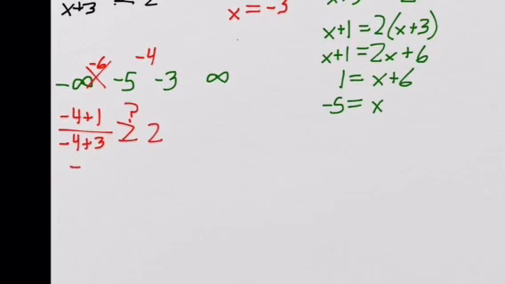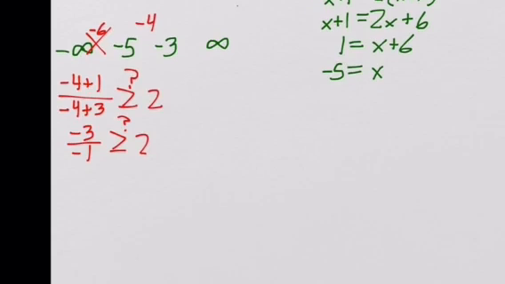Well, now I end up getting -3 over -1 greater than or equal to 2. Well, that's 3 greater than or equal to 2. That checks out.